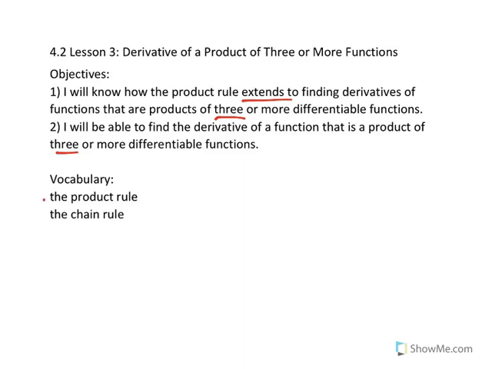And of course, we're learning about the product rule, and as you saw in yesterday's lesson, sometimes in addition to the product rule, you may also need to apply the chain rule. And of course, there are a number of differentiation rules that you have to remember, such as the derivative of natural log is 1 over the argument, the derivative of sine is cosine, the derivative of cosine is negative sine, the power rule, etc.